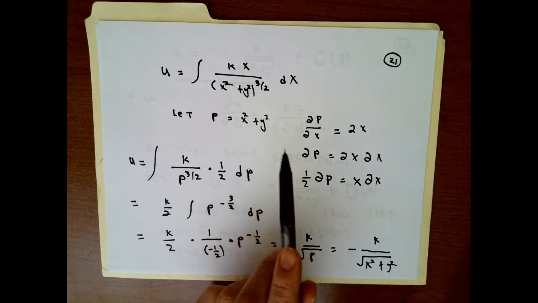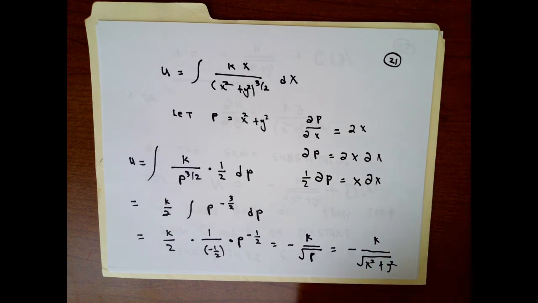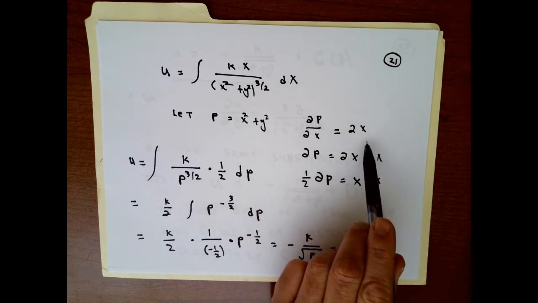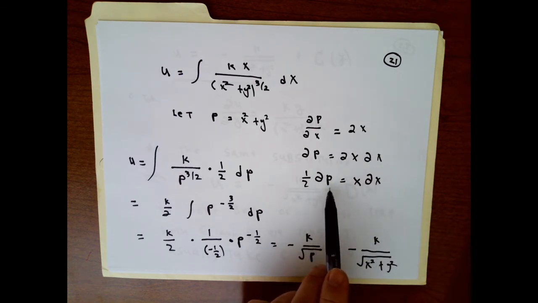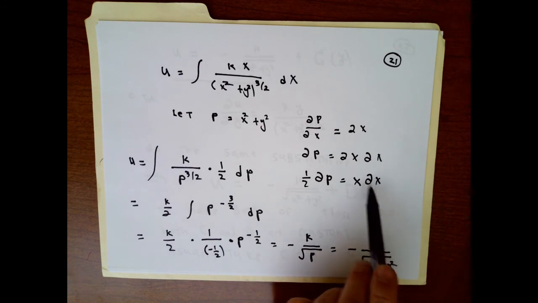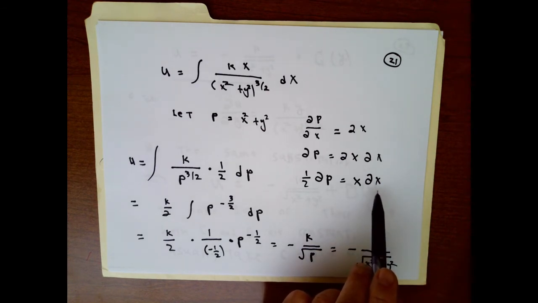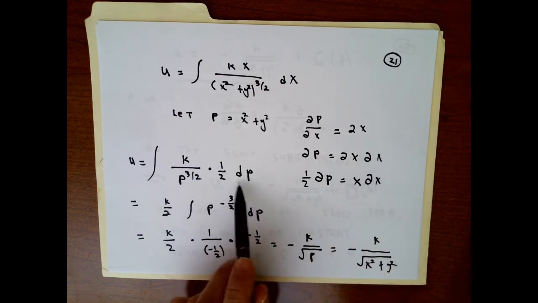In the context of this integral, x is the variable and y is a constant. So really, I should write partial of p with respect to x is 2x. I should write 1/2 curly dp equals x curly dx, but people don't do that. They just use the d symbol anyway. X times dx is 1/2 dp, so I write that in.